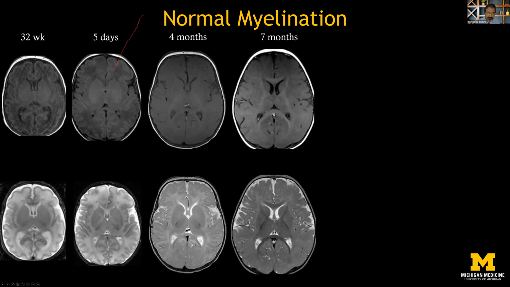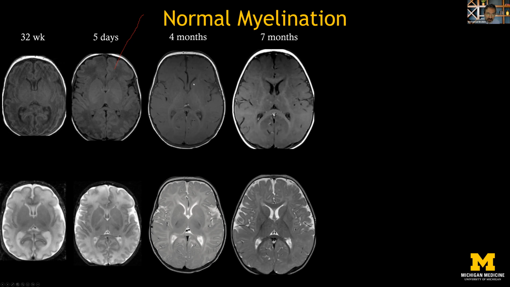As the child evolves, their ability to do things will increase, and by 4 months of age, the myelination has increased. You can see that the subtle wisp of dark signal in the T2 weighted images got larger. It is better defined now on the T2 weighted images. On the T1 weighted images, we see a larger area of myelination. The subtle T1 signal involving the internal capsule started to spread into the external capsule.